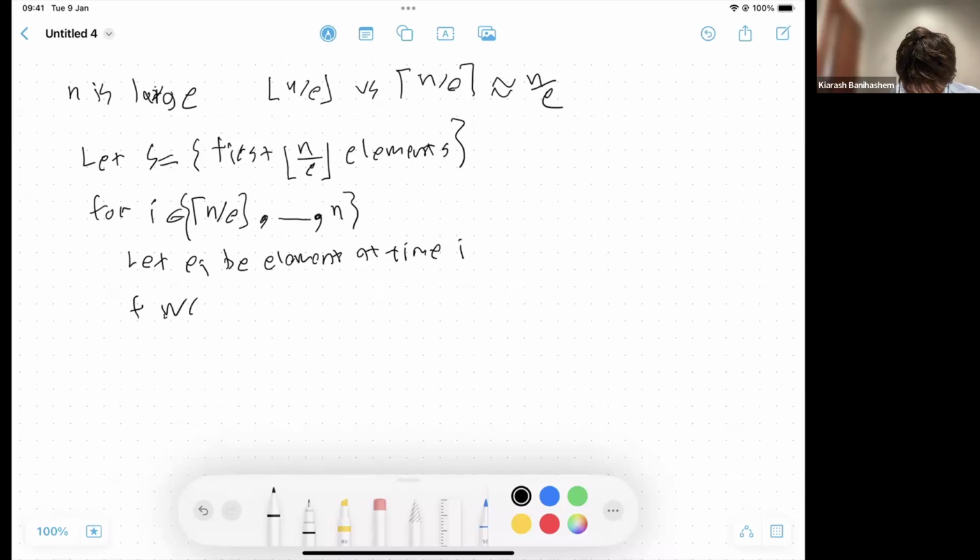If w of e_i, by which I just mean the weight of e_i, is bigger than or equal to the maximum of S, so just think of it as the maximum weight in S, then accept e_i. Basically, I take a sample of the elements, roughly 36% of them, and I record the maximum number there. After that, I accept the first element that exceeds this maximum number. So that's the algorithm. Let me know if there are questions.